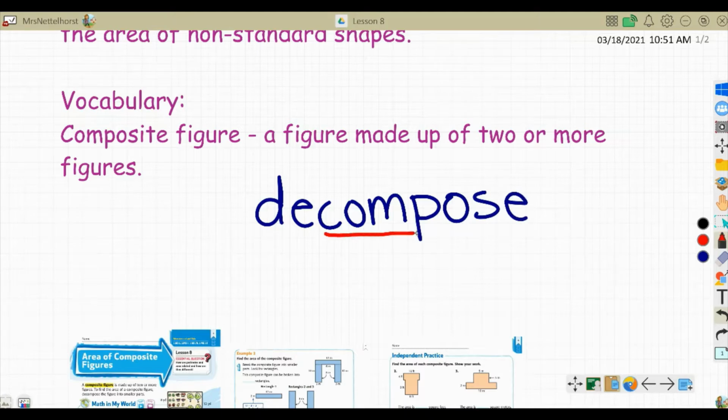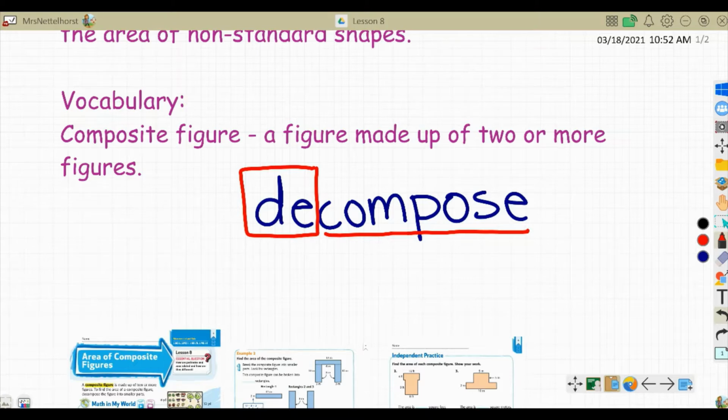Like Bach and Beethoven were composers, they composed music, they put music together. So compose means to put something together. The prefix D means not, or the opposite of, to not put something together, which means to take apart.